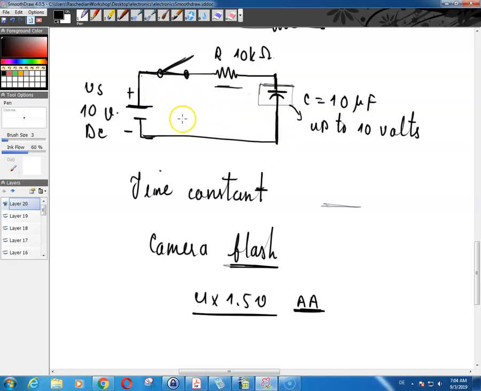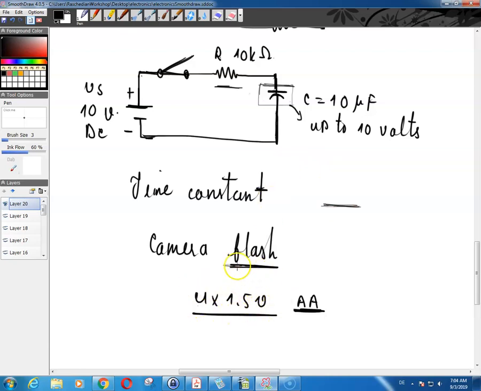Now the problem here would be that when you had 4 of those 1.5 volt batteries, they are capable of providing the capacitor with the required amount of charge to drive that part in the flash that lights up your pictures.